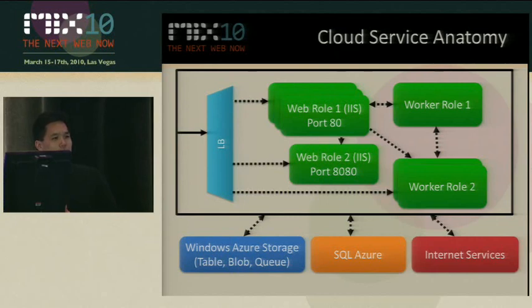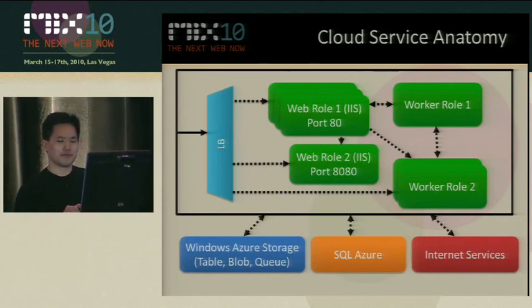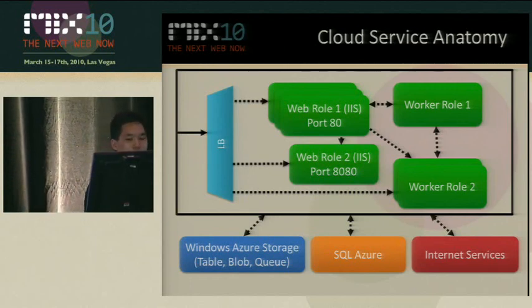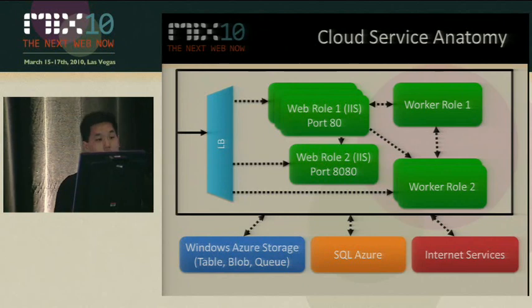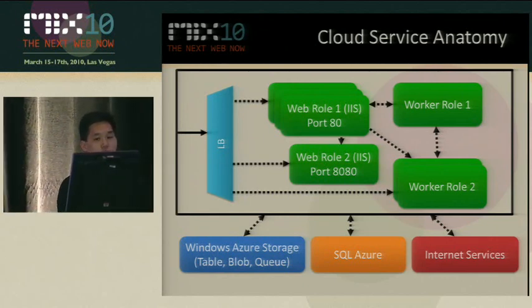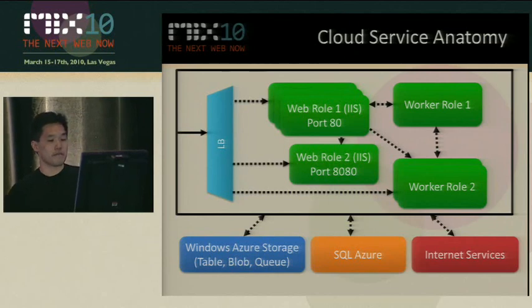Blobs, you can think of as a file system in the cloud. You can store data, highly scalable, pay only for what you use. And queues isn't storage per se, but what it does allow you to do is have messaging. So, going back to that model of signaling a worker, I can put a message on a queue and the worker can pick it up.